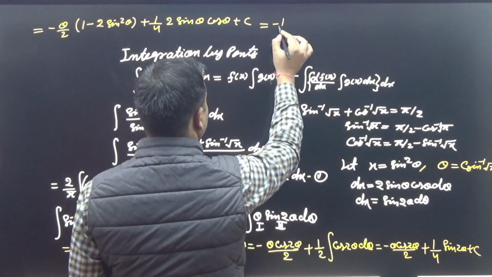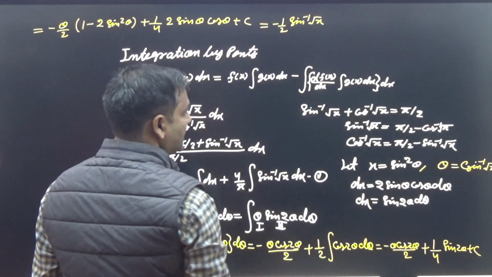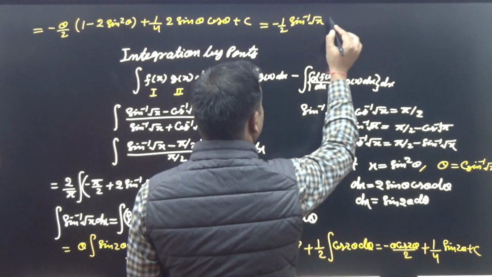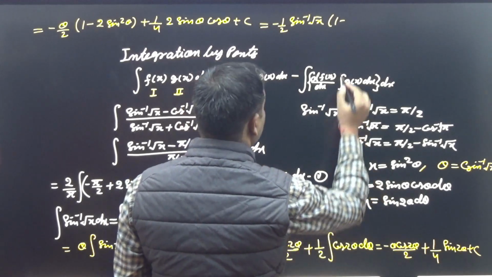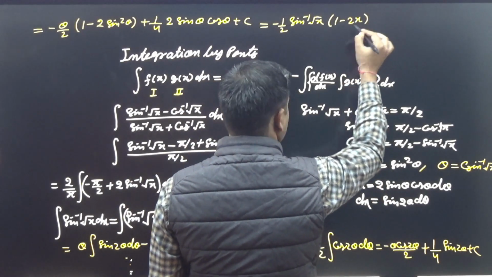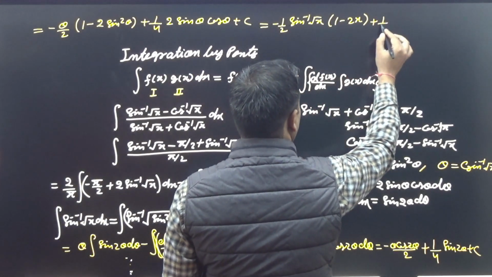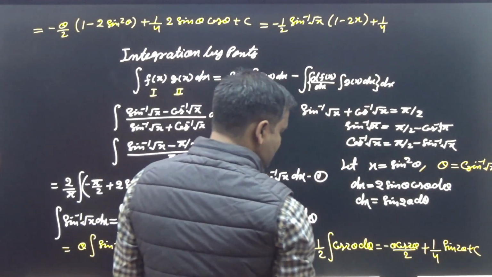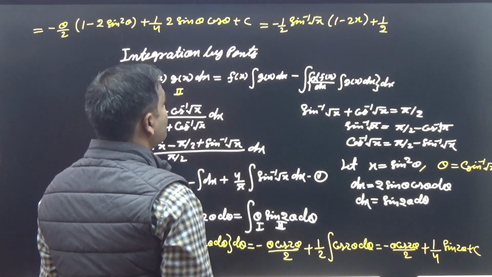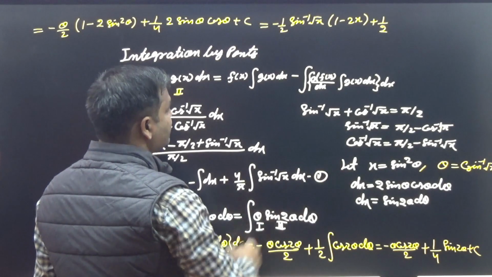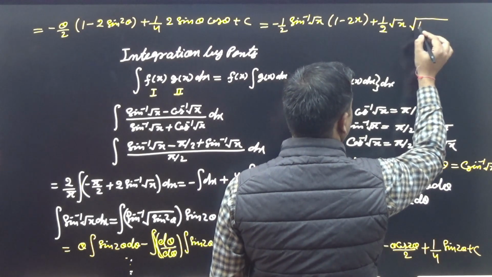So minus 1 by 2 sin inverse root x into 1 minus 2 sin square theta, that is x, so 1 minus 2x, plus 1 by 4 into 2, so 1 by 2 sin theta, which is root x, and cos theta is basically root of 1 minus sin square theta.